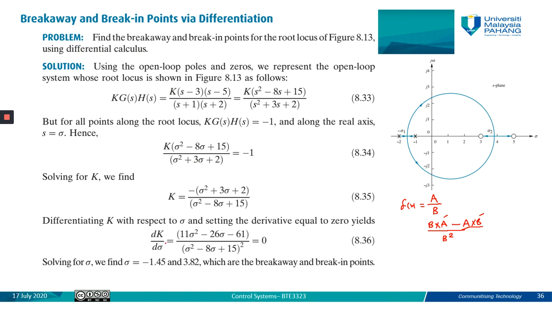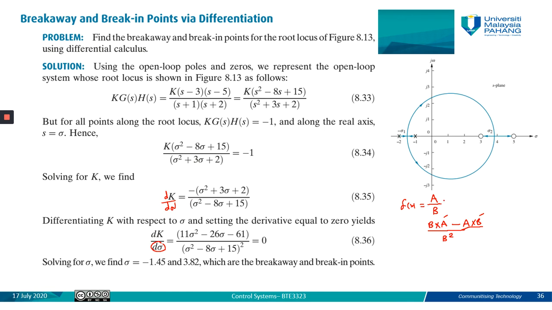In this case, we are going to differentiate with respect to sigma. So if I want to differentiate dk over d sigma, or dk over ds if it's s, I need to apply this formula.